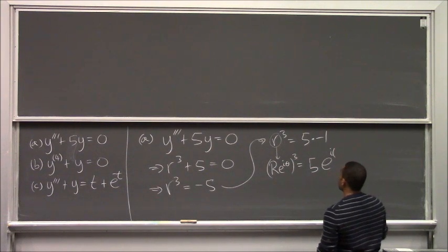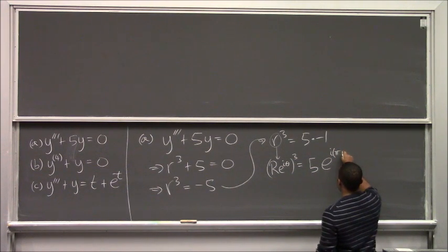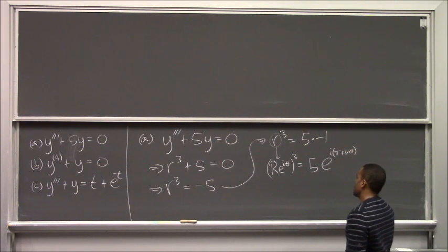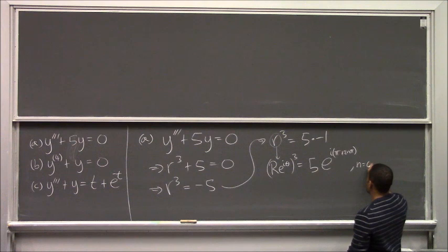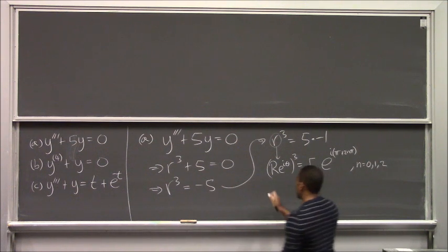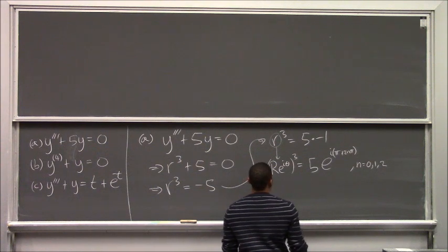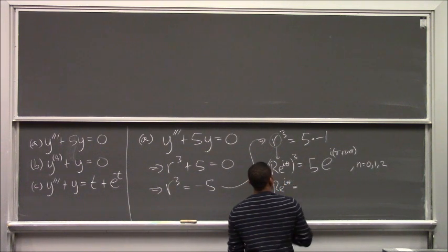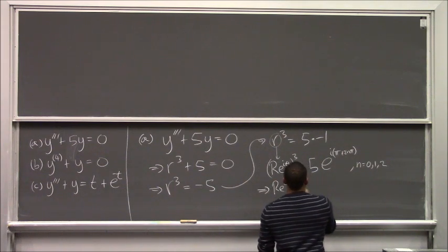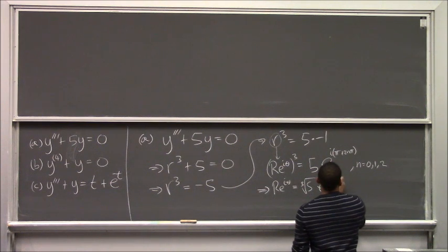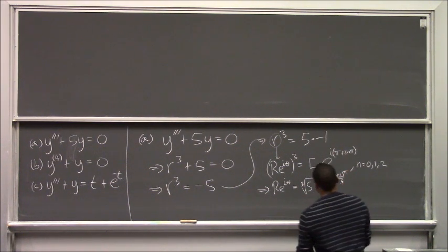What does that mean? Pi plus 2 pi n. And of course, n goes from 0 to 1 less than the power. Basically, if I were to solve for r e to the i theta, I would get the cube root of 5 e to the i (2n plus 1) pi over 3.